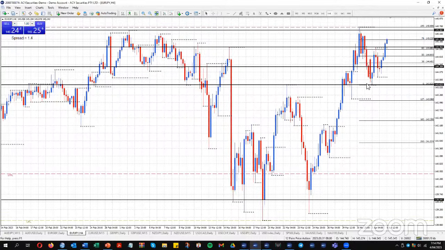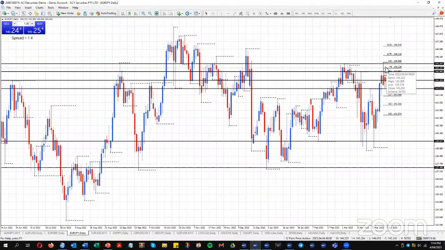Okay. Again, just going to the day chart here. I'm not going to buy here into all this resistance. When you've got a clear range from weekly high to a weekly low here, if it's range bound, you want to be buying at the lower end of the range, taking your profits at the top of the range. If we're holding at the top of the range, looking to sell to move down.